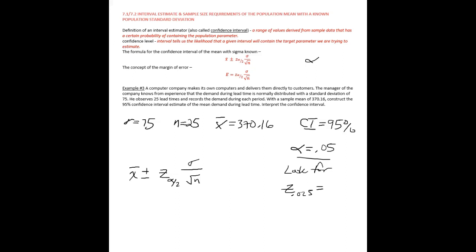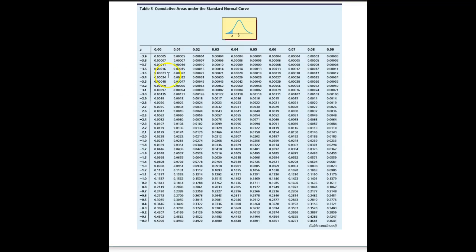So this is where we look inside of the table for 0.025 in order to find a z-value. And I'll just say right off the bat, we don't have to worry about sign here, whether it's positive or negative, because within the confines of the problem, we are already on a plus or minus basis. So a negative operates as a positive and a positive operates as a negative, so it just does not matter. Okay, and we'll see why in a second.